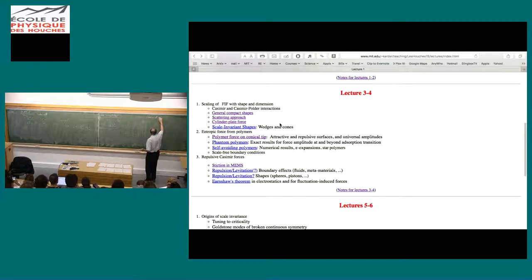And by Casimir, I mean only that I use the setup of 2 parallel plates that we typically associate with calculating Casimir forces. Okay? And what I do is I put a very, very long polymer here.